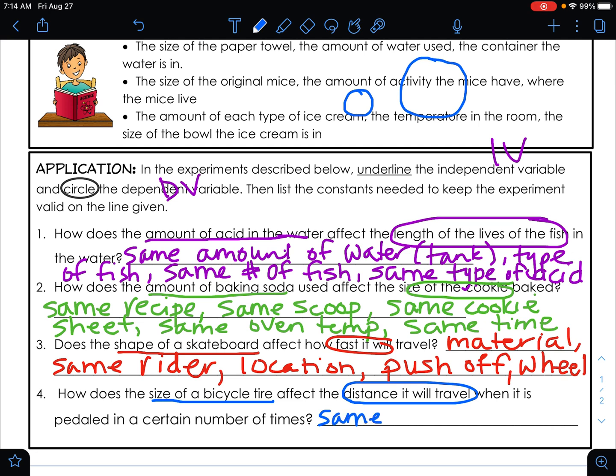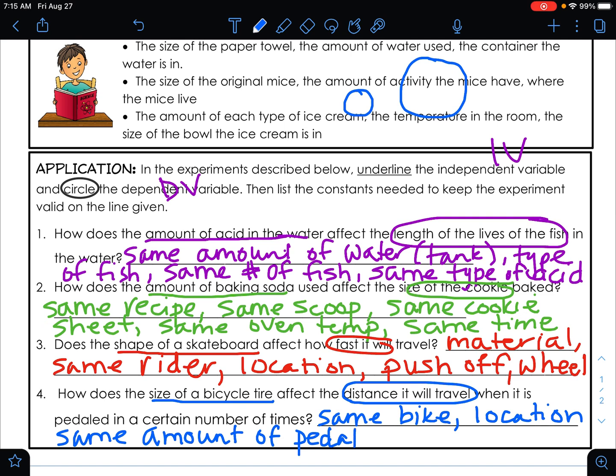So we have to have the same bike. We would just simply change out that tire. We would need to be at the same location. Okay, you know, we can't have one on flat and then the next one on a hill going down or a hill pedaling up. Okay, you have to have the same location. You have to pedal the same amount of pedal times.